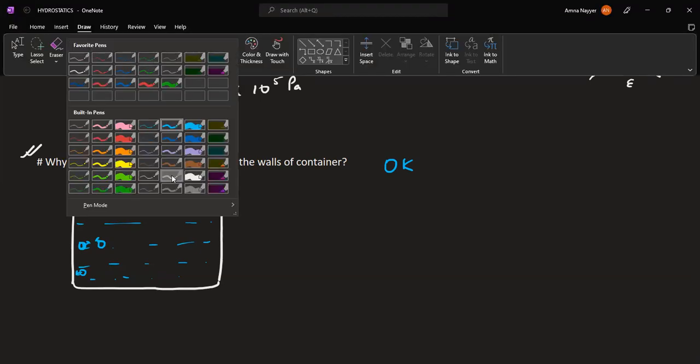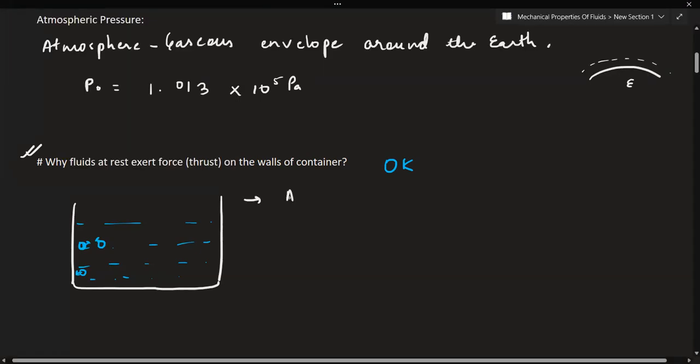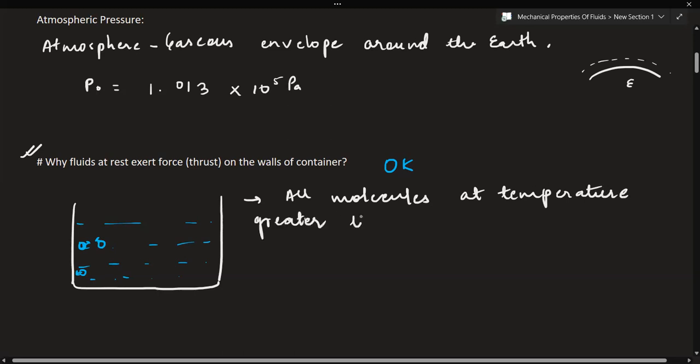So I shall write it down for you. All molecules at temperature greater than how much? Greater than 0 Kelvin have thermal energy.